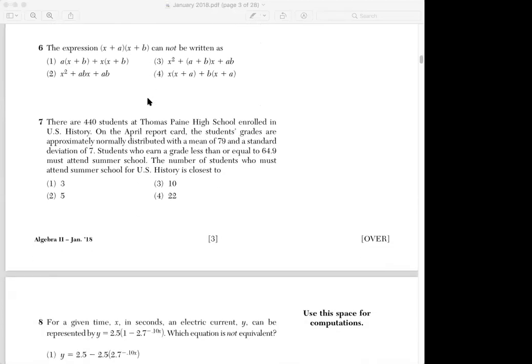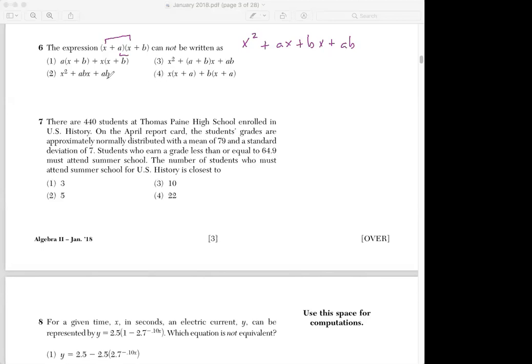6, this expression cannot be written as, let's see. Well, it can be written as x squared plus ax plus bx plus ab.